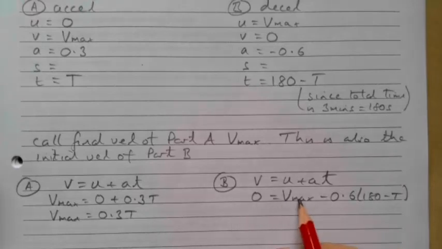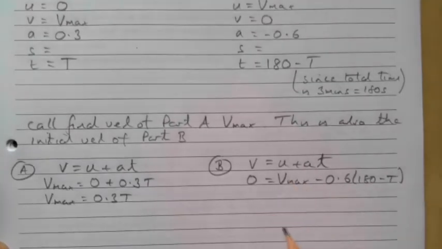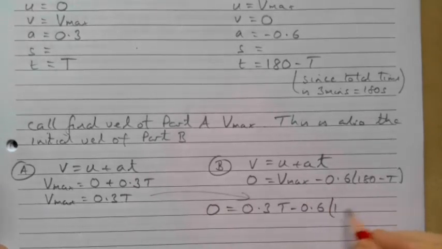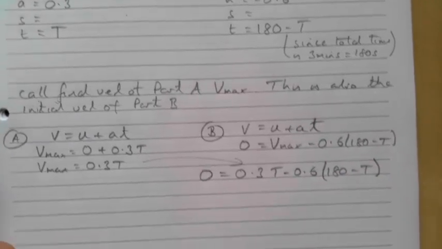So if we sub the 0.3 T into here, because we know V max is 0.3 T, we can start to tidy this up. That's going to be 0.3 T minus 0.6 upon (180 minus T).